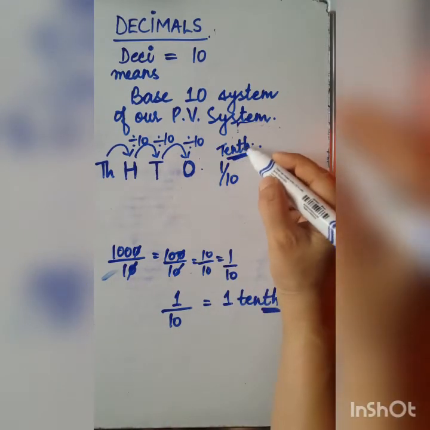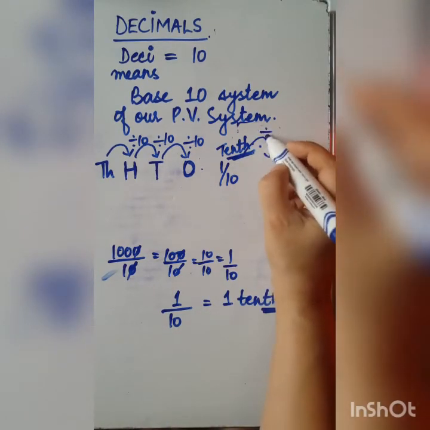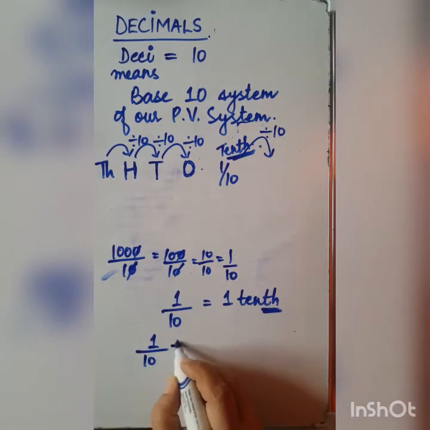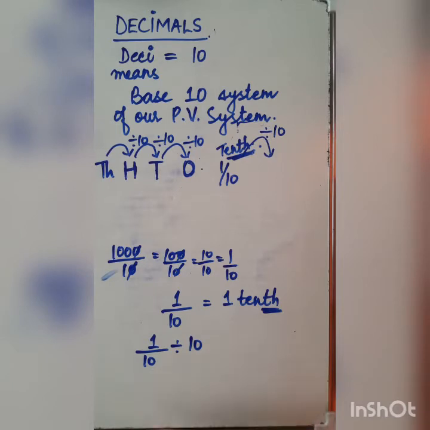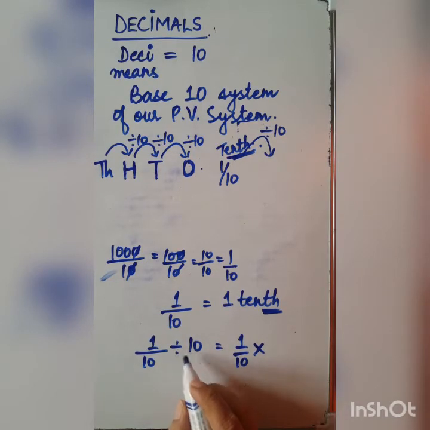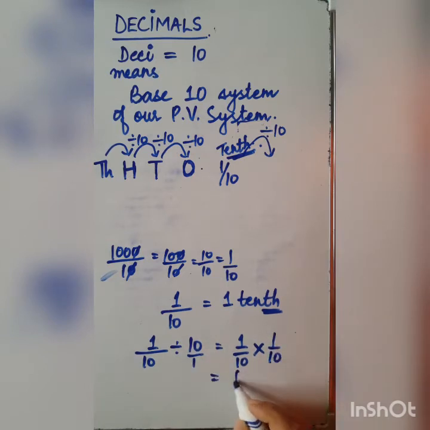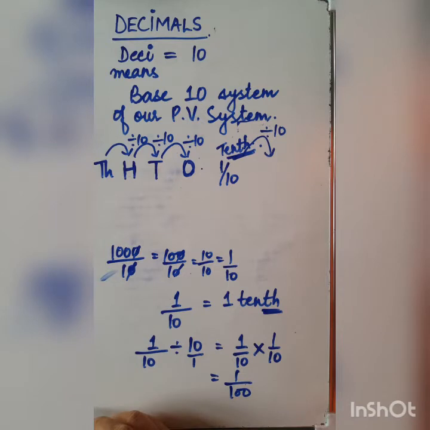Next value, if we are going to divide by 10 again, I divide 1 by 10 divided by 10. In fractions you have learned that the division changes to a multiplication sign and the fraction gets reversed. That is 1 by 10, this becomes 1 upon 100. Now this is called the hundredth.